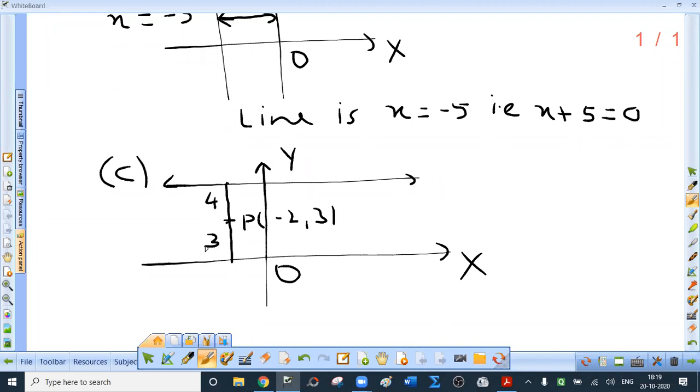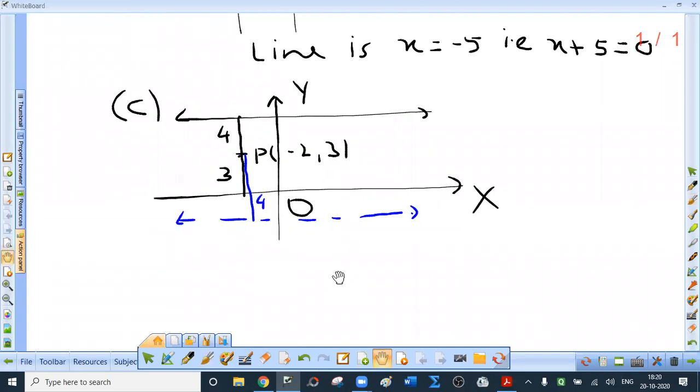Or one more thing. So either we say this is the line, they have used the word distance. You have to be careful. So can I say that there are two such lines?